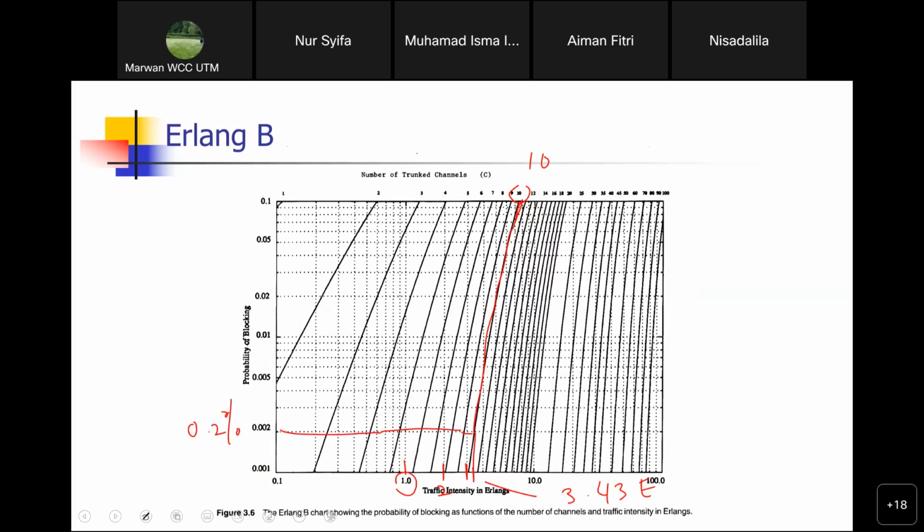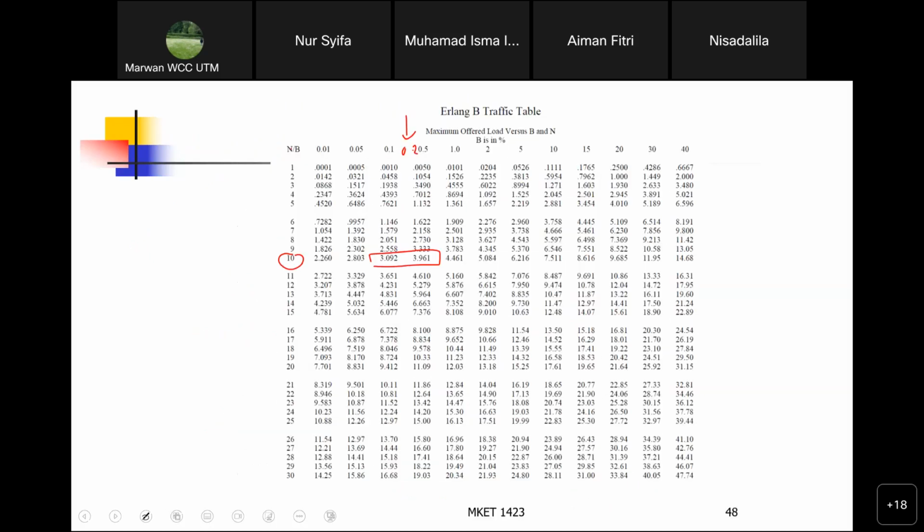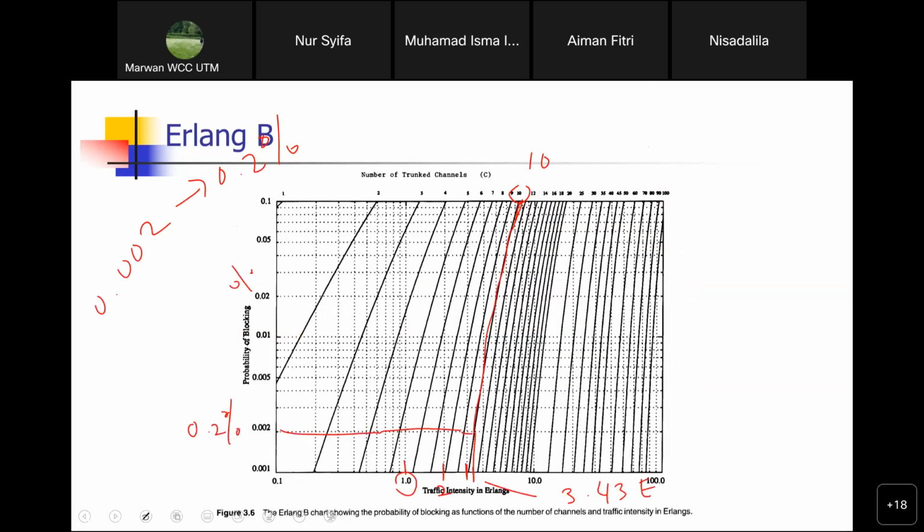Previously, this is not percentage. This is probability, so there is no percentage. 0.002 is actually 0.2%. For the table, they already give it exactly in the form of percentage. So what does it mean? 10% over here is 10%, which is 0.1.